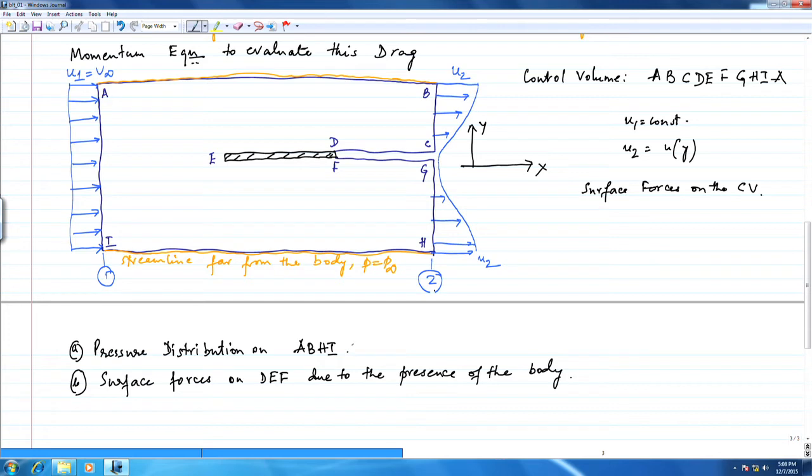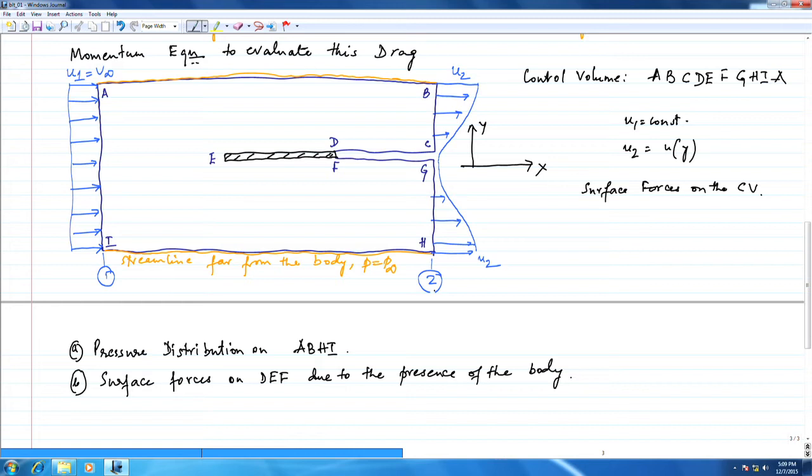Now, please try to understand that when I am talking about DEF, I am not talking about the flat plate, I am talking about the control volume. The DEF part of the control volume actually wraps around the flat plate.